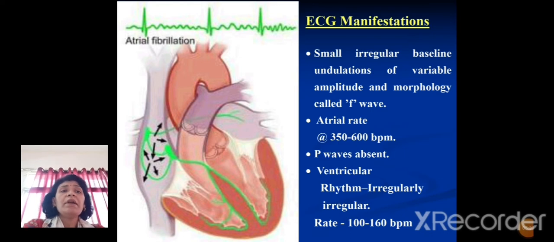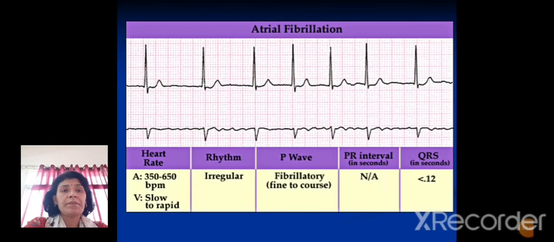The atrial rate is typically more than 350, and can vary between 350 to 600 beats per minute. The P waves are absent, and in the ventricular rhythm only some of the impulses get conducted, which is erratic, so the ventricular rate is irregular and varies between 100 to 160 beats per minute.